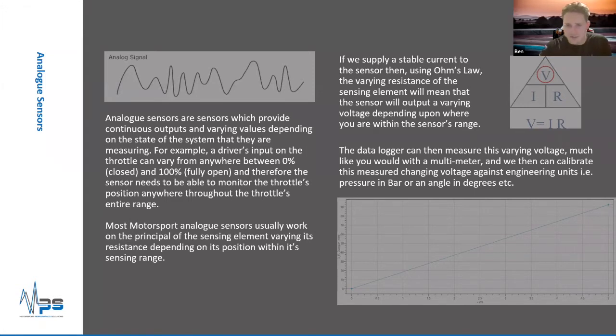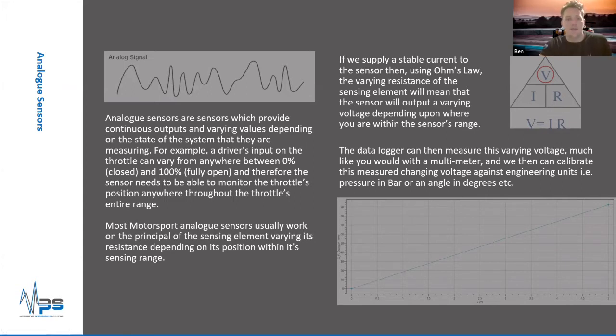I've included a screenshot just from one of my data logger setups I had open in the bottom right hand corner, and that's actually for a damper travel sensor. You see it's nice and linear, and we follow volts across the bottom. We map that to millimeters of travel, like a ruler. So that's broadly how they work.